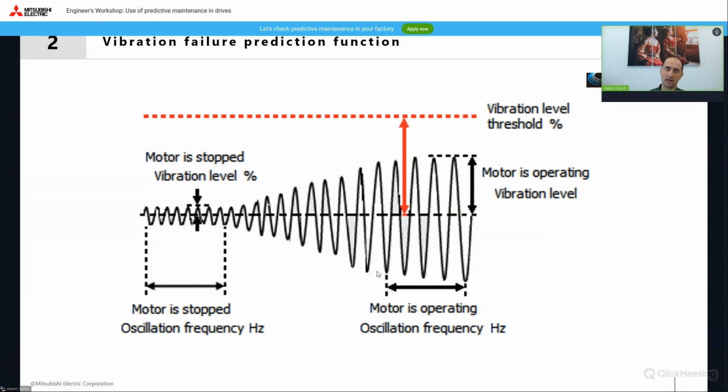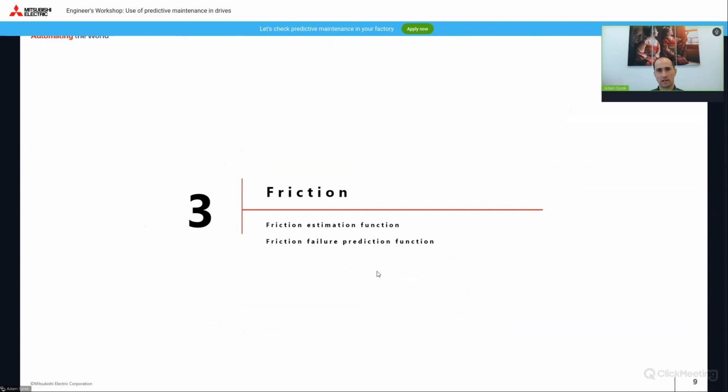So we can go to this axis and check what happens, whether it is really normal, or we should do something to correct the operation of this axis, to avoid a stop of this axis in the future. So that was the vibration.